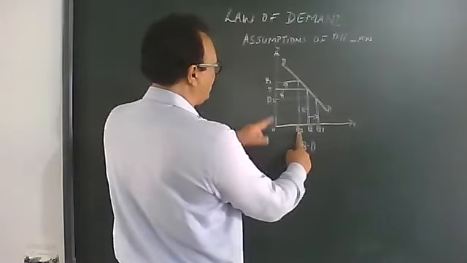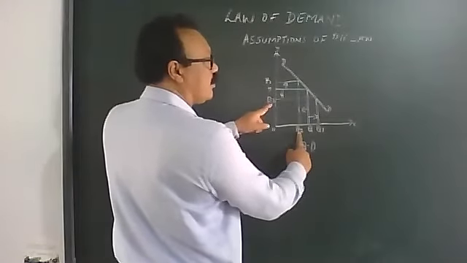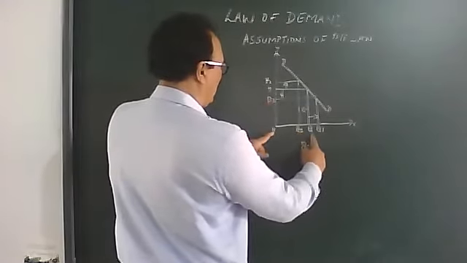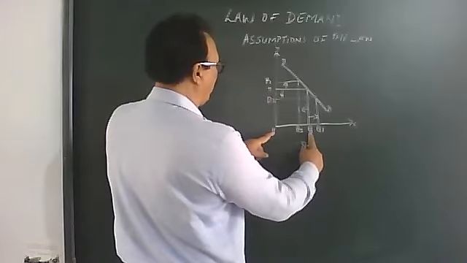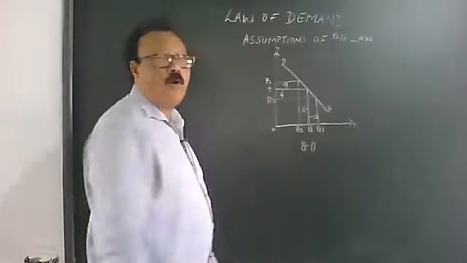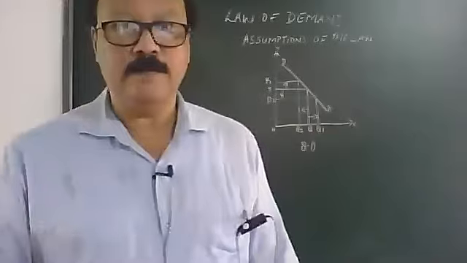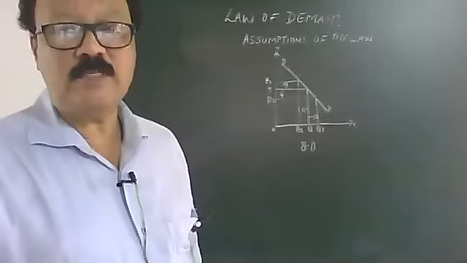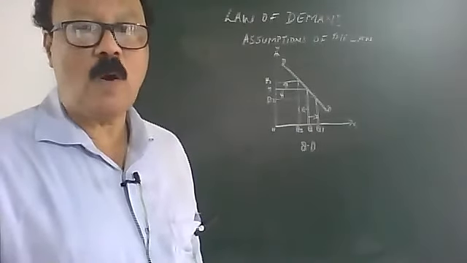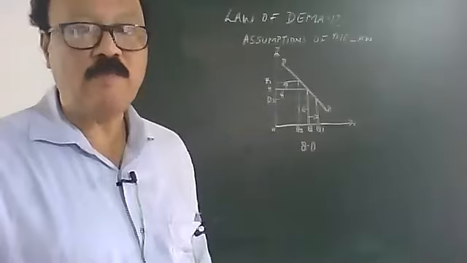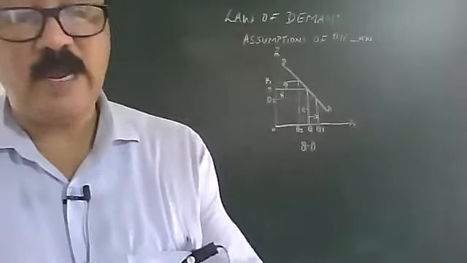And when the price falls, the quantity increases from OQ to OQ1. So this diagram sums it up. This is the law of demand, assuming, of course, those 4 points which I have given you.